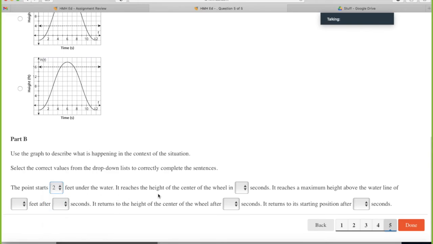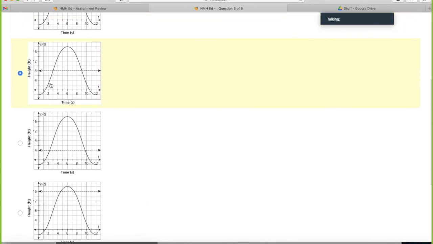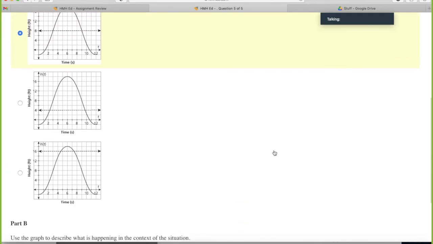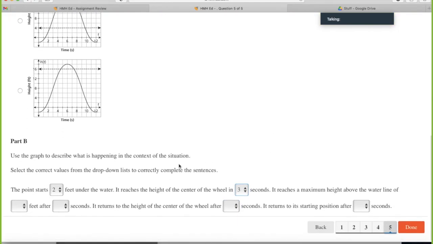It reaches the height of the center of the wheel in, so that's where the midpoint reaches, 3 seconds. It reaches a maximum height above the water line of, what's the maximum height? 16 to 18 feet.